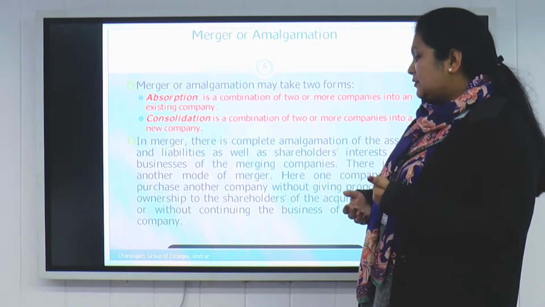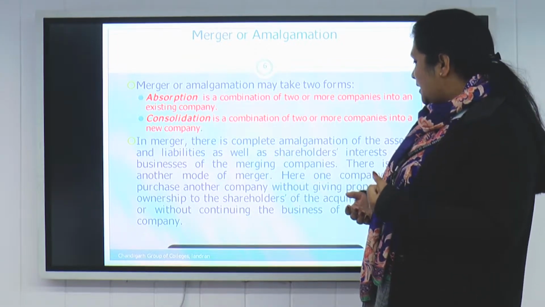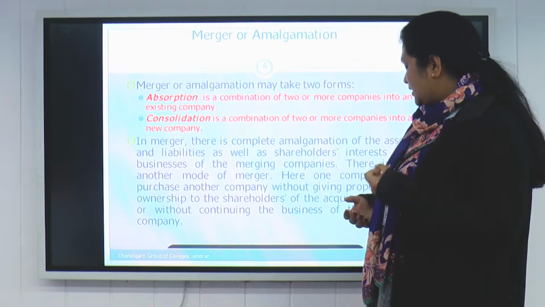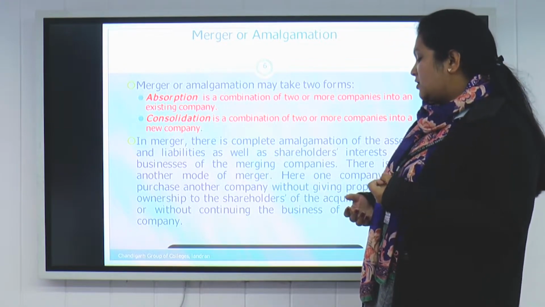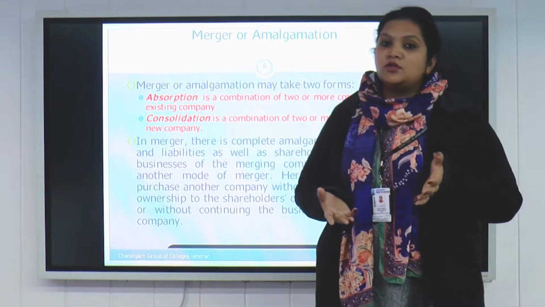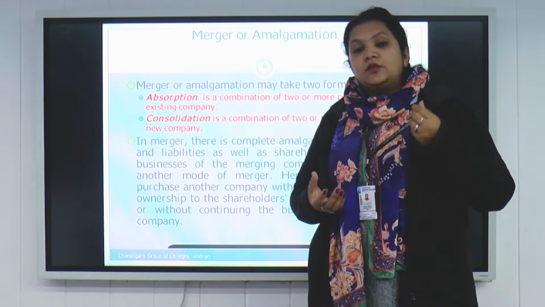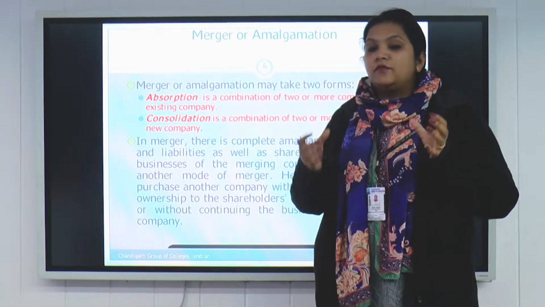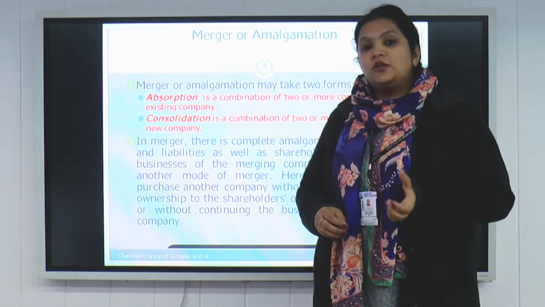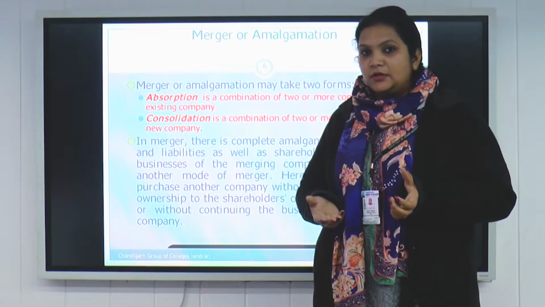There is yet another mode of merger. One company may purchase another company without giving proportionate ownership to the shareholders of the acquired company, or without continuing the business of the acquired company. In another way, the merger can also take place. That means the shareholders who have ownership in your company are given proportionate ownership in the other company.